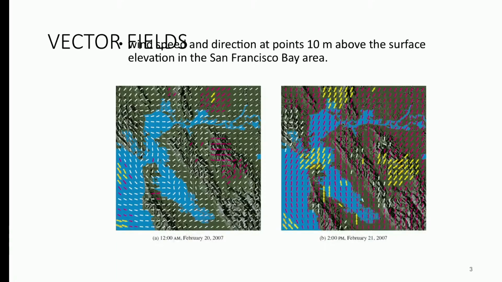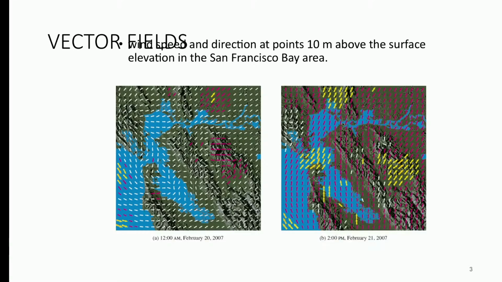So if you're on the Golden Gate Bridge, which is right here, the wind is blowing out towards the sea, away from Alcatraz. So Alcatraz here, Golden Gate Bridge, this is the Bay Bridge. The wind is blowing that way on February 20th. Go to February 21st, and notice that the wind has picked up quite a bit along the Golden Gate Bridge, and it's going the other direction, inward, in towards the bay rather than out.